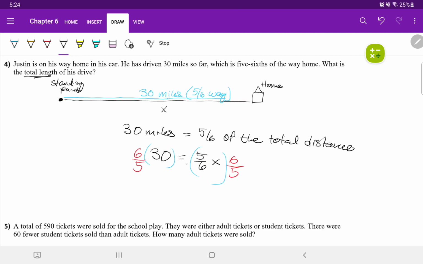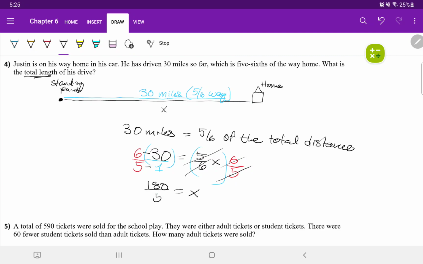On the right side, the 5s will simplify, the 6 will simplify, leaving me with just X. I'm going to put a 1 under my 30 because when I'm multiplying fractions, I need to multiply straight across.